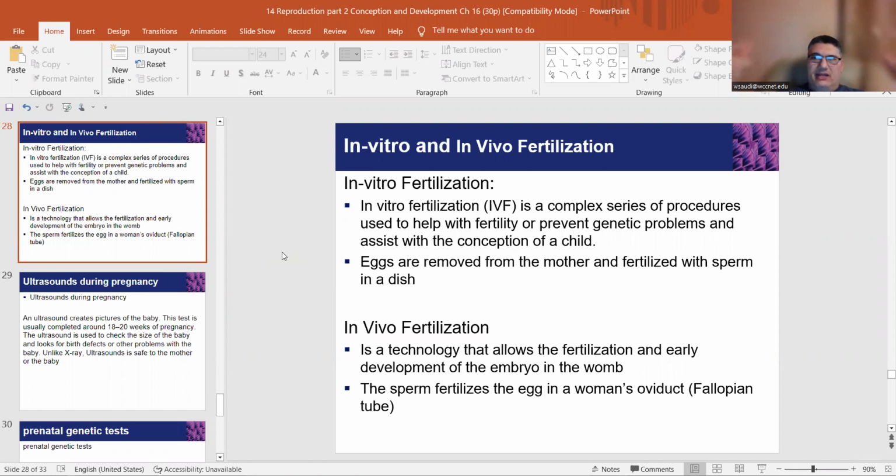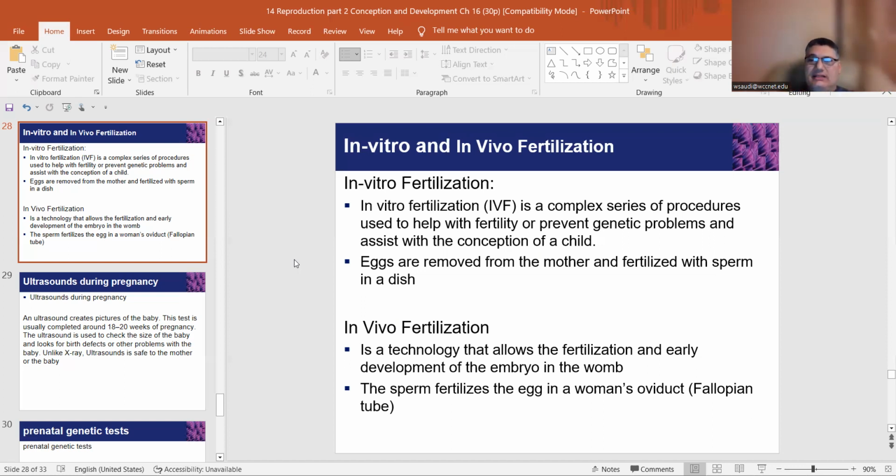Or they make it grow in the laboratory somehow, and then they study them and they see which is the best sperm that does not have genetic issues, that has all the vitality, it's healthy, everything is good, and get the egg that's good, that does not have issues, and so on. They grow, and then they put them together and they fertilize in a dish, not in the fallopian tube.